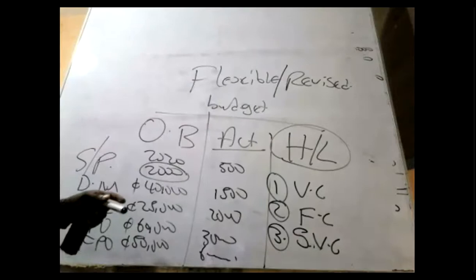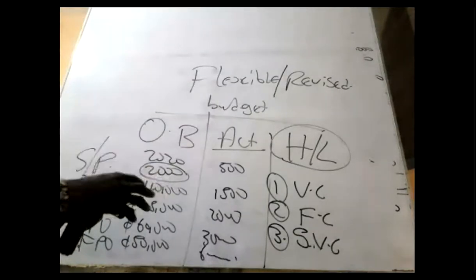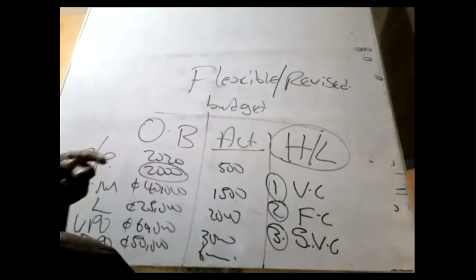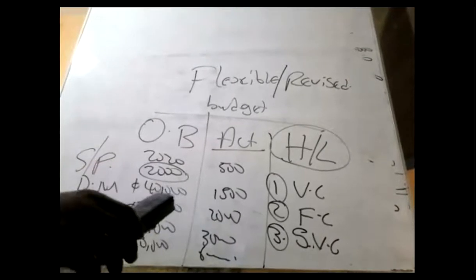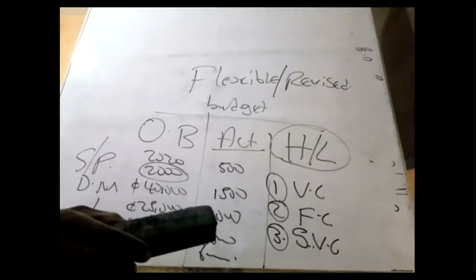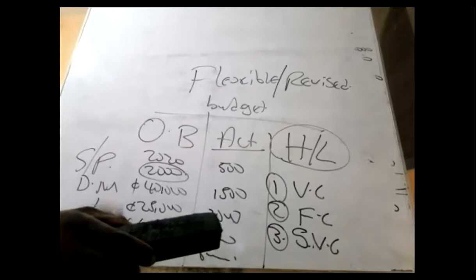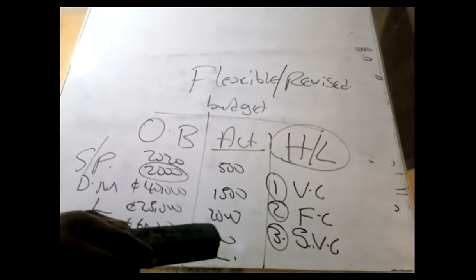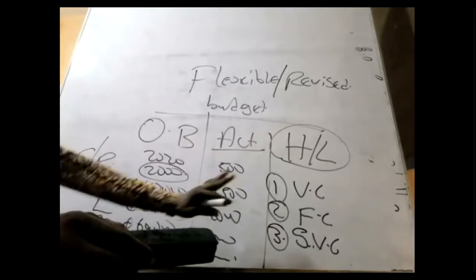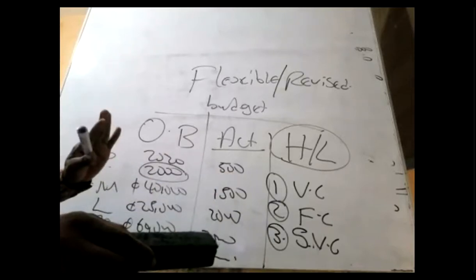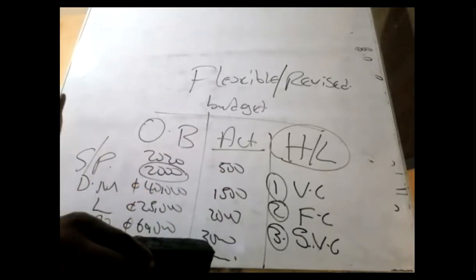Because semi-variable cost comprises variable and fixed, and as you know, we don't flex fixed cost. We only flex variable cost. So we need to do that. Have you got it? Good. So these are the three strong rules for flexible budget.